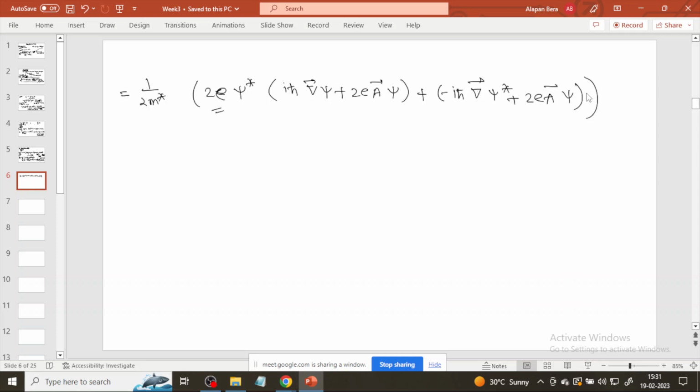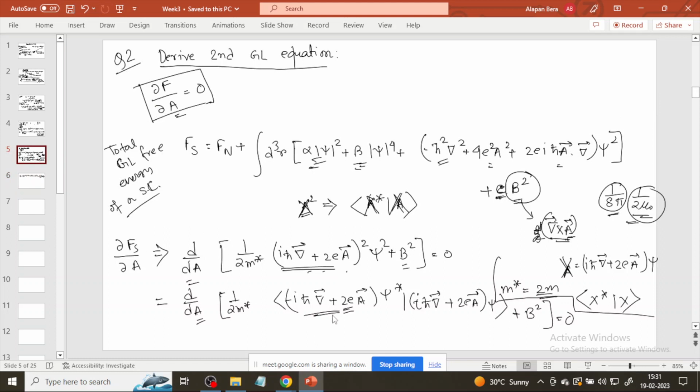There will be 2 into 2e psi. This term is now plus d of B square by dA, which is now 0. When we take the derivative of this term with respect to A, we get 2e psi times this thing.